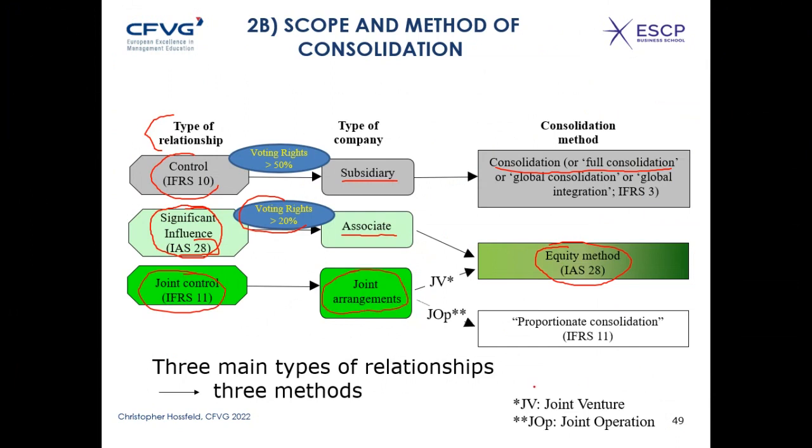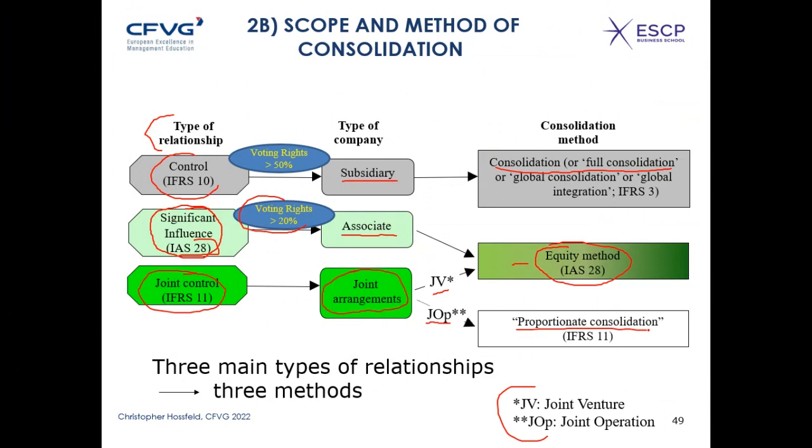And we have two types of joint arrangements, joint ventures or joint operations. Both are consolidated. Joint ventures are consolidated using the equity method that I will present later. Joint operations are consolidated using some sort of proportionate consolidation. I will not go deeper into this, just one or two sentences.